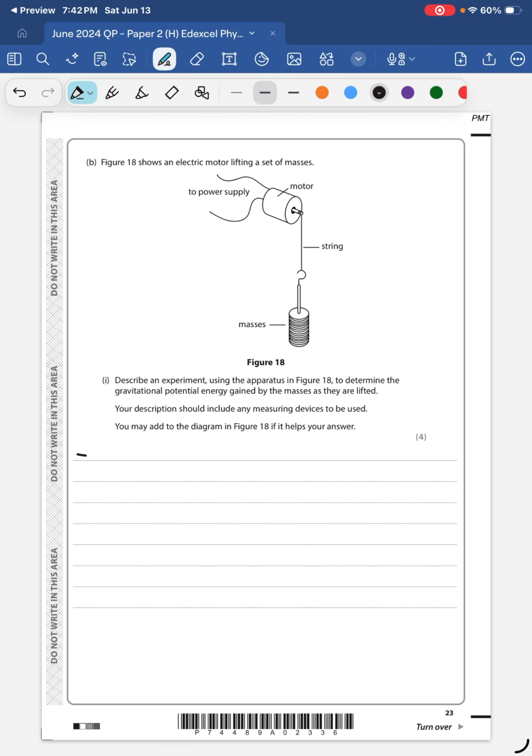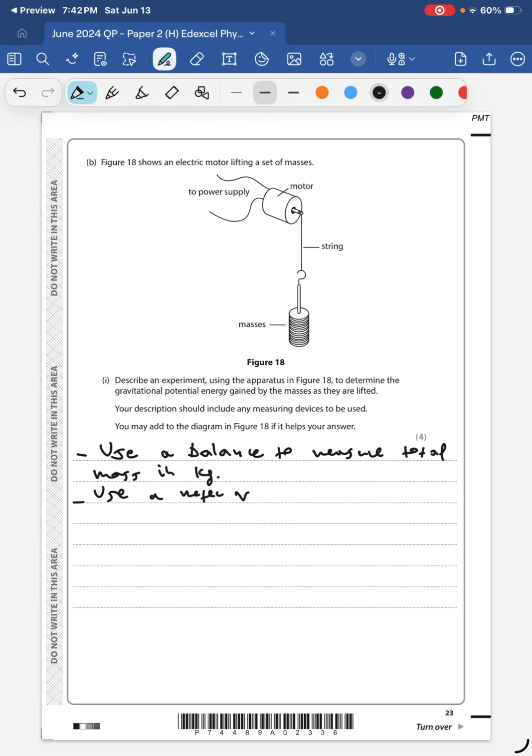So we need to use a balance to measure total mass in kilograms. Okay.